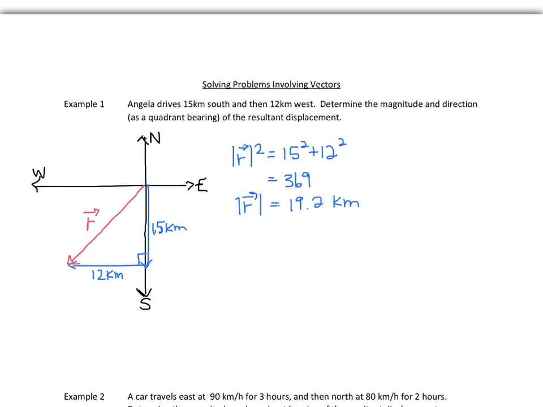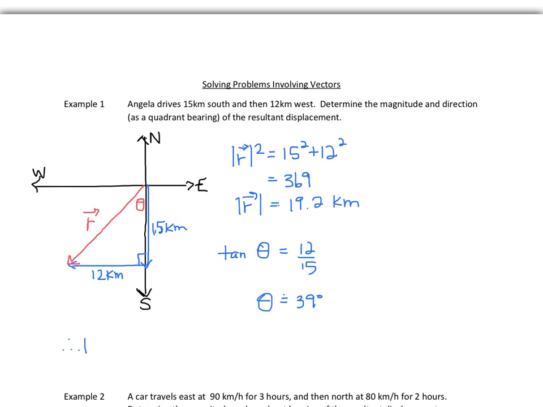Now, if we want to find this angle, we could use the tangent ratio. We know that tan theta will equal opposite over adjacent, so 12 over 15. And using the inverse tan function tells us that that angle is 39 degrees.